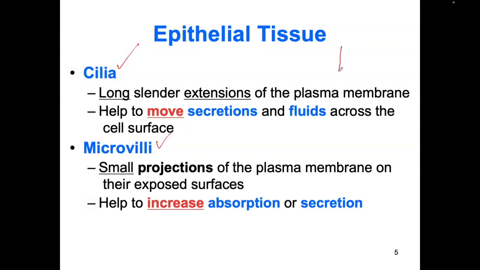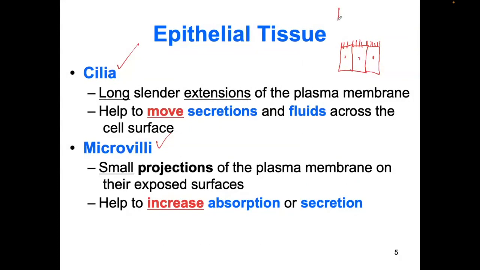So we may have something that looks like this, and it has these cilia, and maybe we'll have another one here, and another one here, each with cilia. And maybe, just maybe, this is the inside.